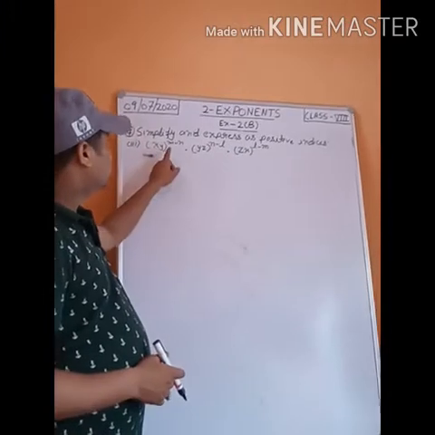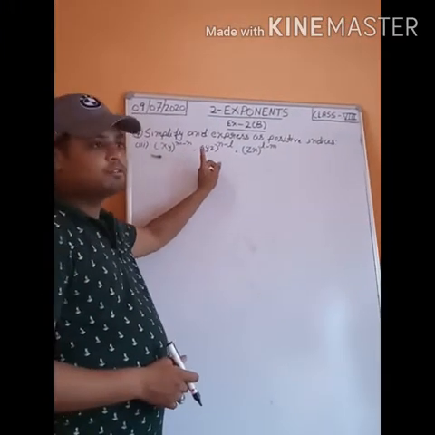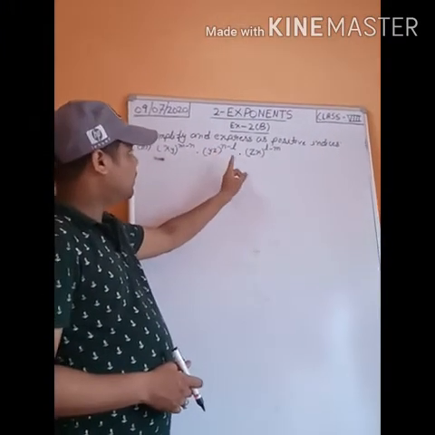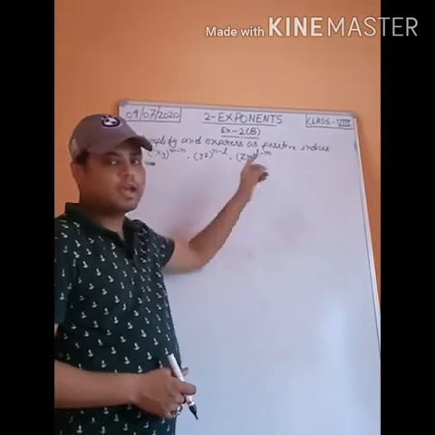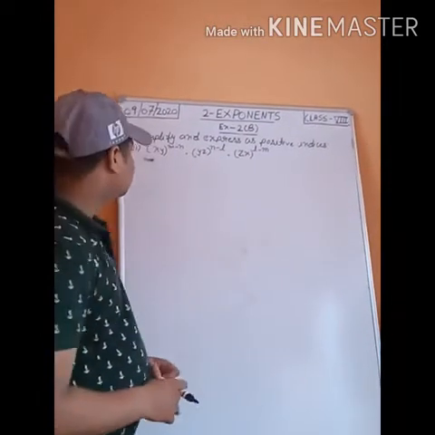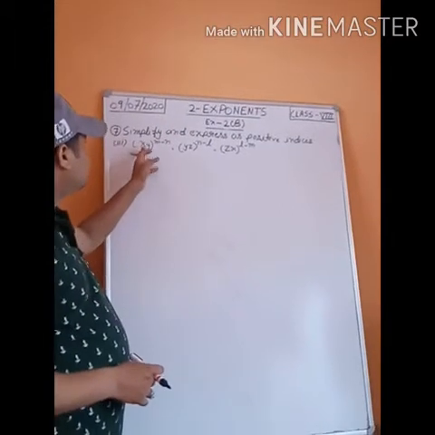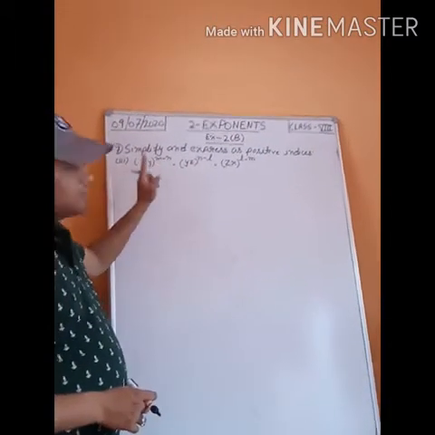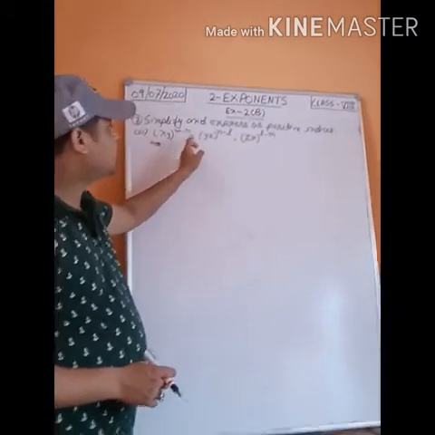x^(m-n) y^(n-l)... rather: x raised to the power m minus n multiply y raised to the power n minus l multiply z raised to the power l minus m. First we will write each base and power separately, then the rest also.